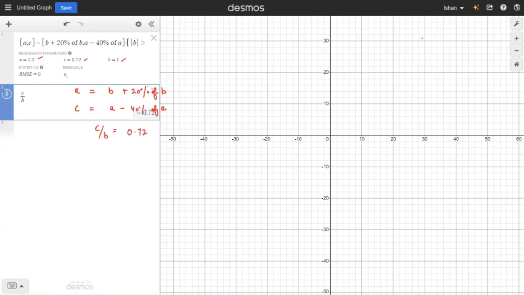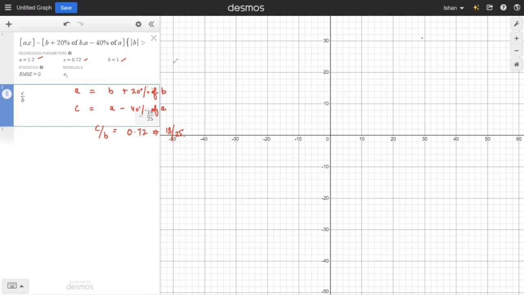If you want to write the value in fraction, you can do that. So value in fraction is nothing but 18 by 25. So that is 18 by 25. Now this looks lengthy.